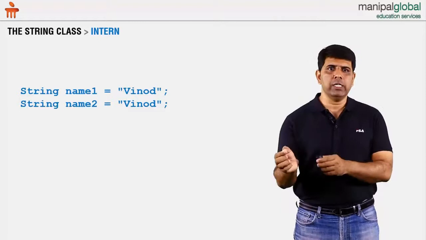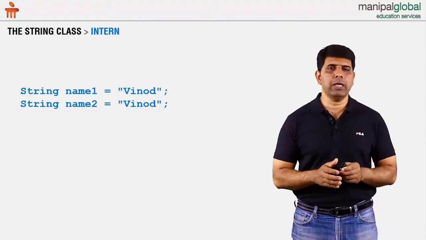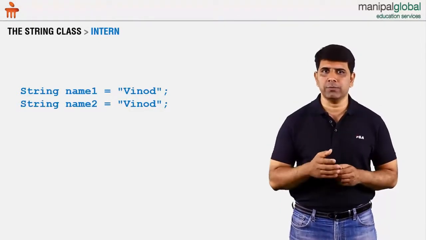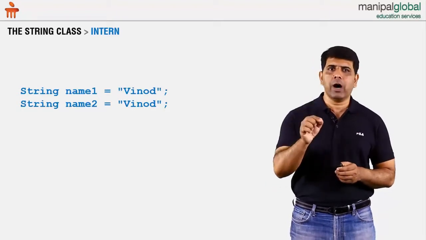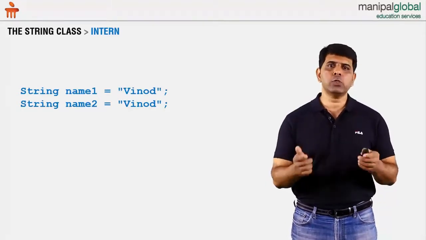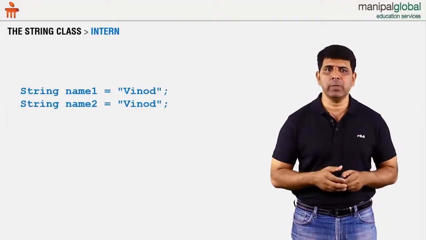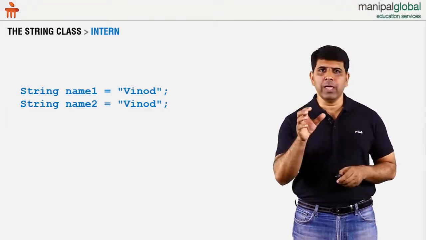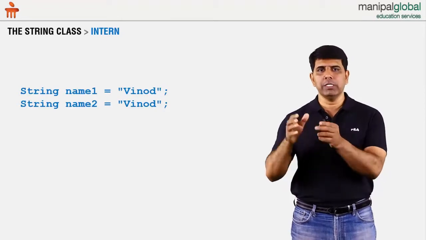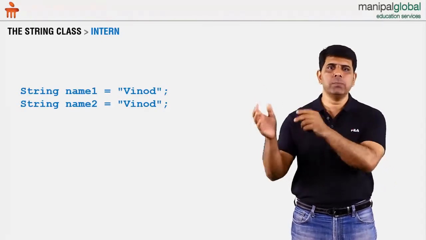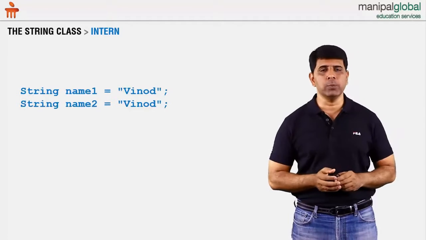If it is there, it's just going to give the reference. But initially, like I said, we are assuming that these are the first few statements, so that object doesn't exist. A new string gets constructed and stored in the pool. Now, when the second statement is encountered, the reference "Vinod" is already found in the intern cache, and it simply gives the same reference to name2.